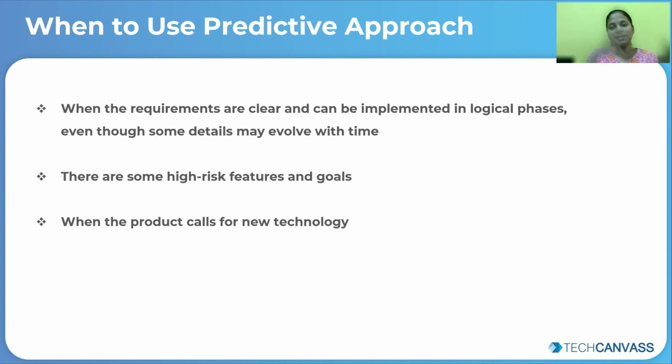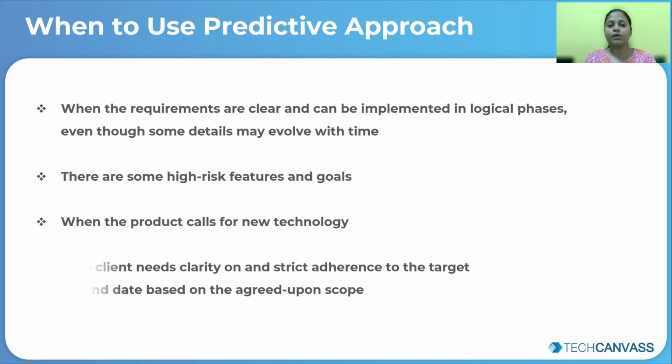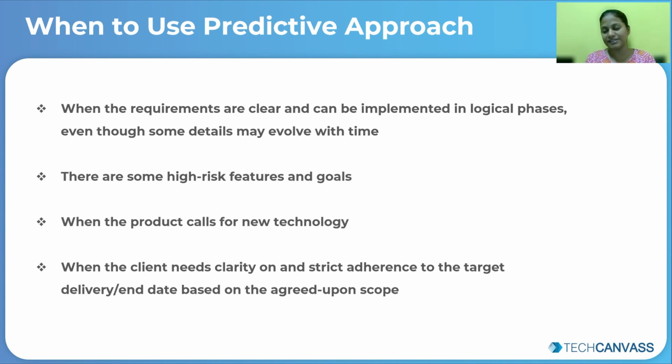Whenever you are migrating to a new technology, you can go ahead with the predictive approach. And when the client or customer says there won't be any change in requirements or scope, for those kinds of projects you can also look at predictive approaches.